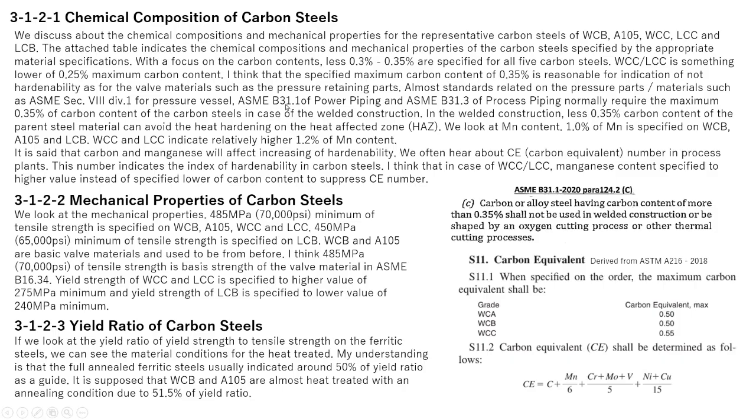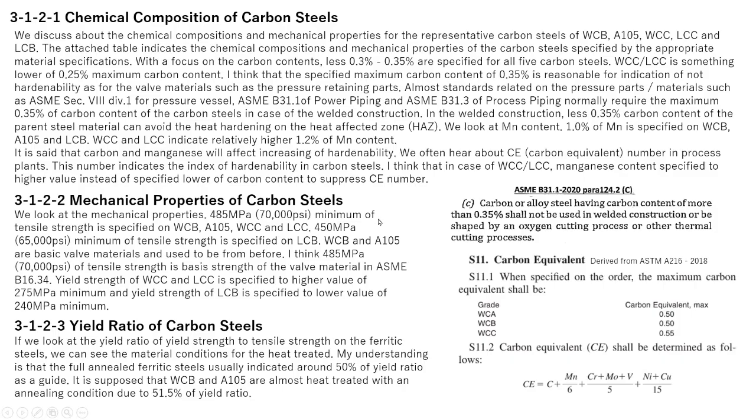Codes related to pressure parts and materials, such as ASME Section 8 Division 1 for pressure vessels, ASME B31.1 for power piping, and ASME B31.3 for process piping, normally require a maximum of 0.35% carbon content for carbon steels in the case of welded construction.